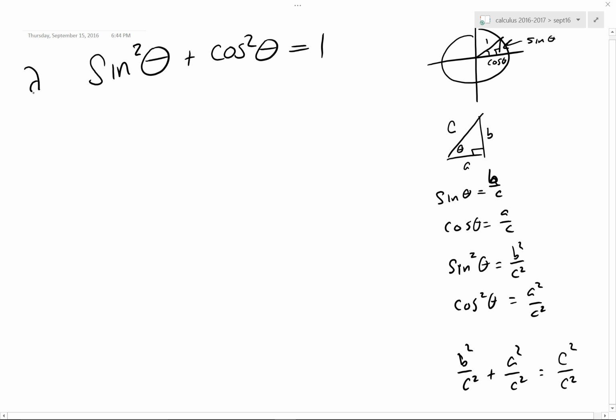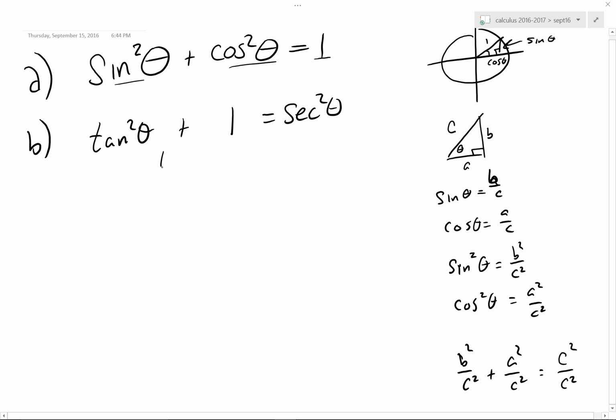Now, this is one way to write the Pythagorean identity. Another way to do it is to divide everybody by cosine squared. If you do that, you will find that you get tangent squared plus 1 equals secant squared. And we will use this one a lot later this year; you could rewrite that by just moving the 1 to the other side.